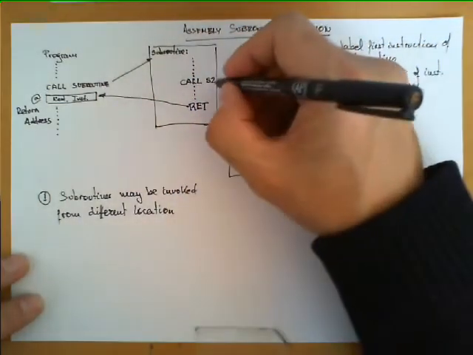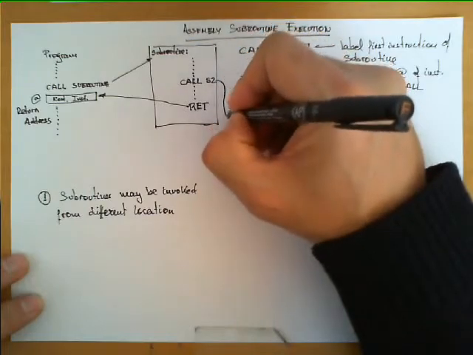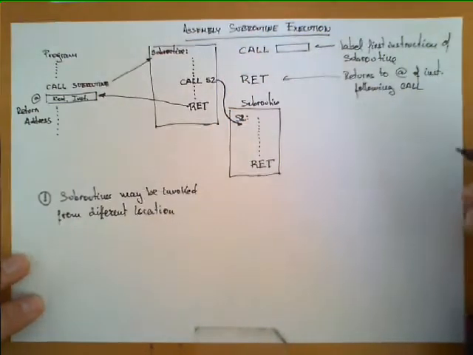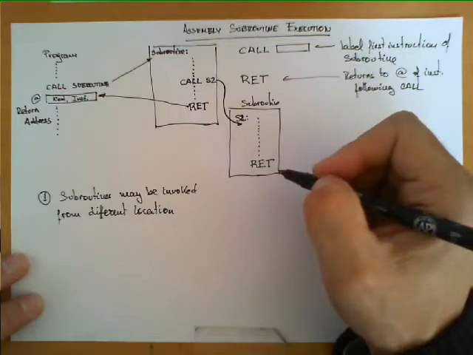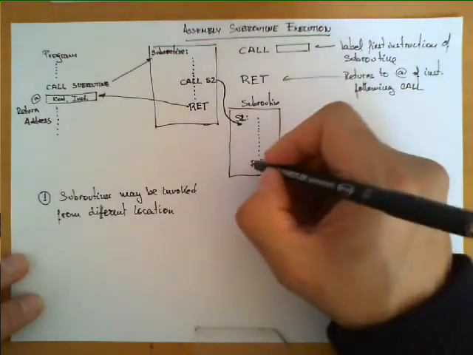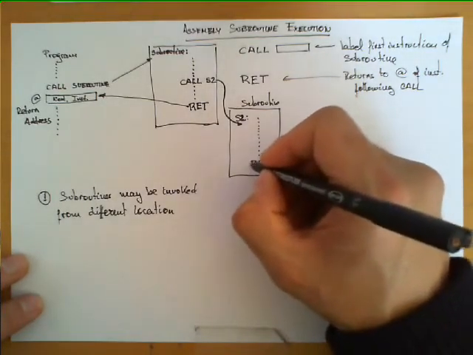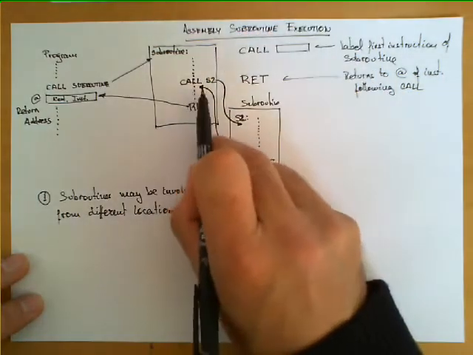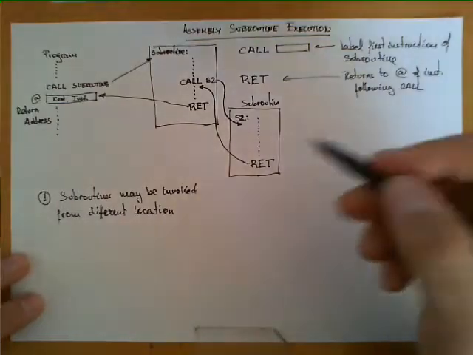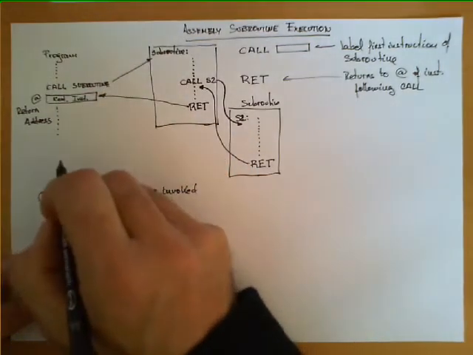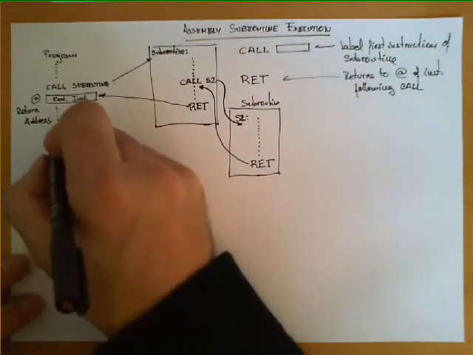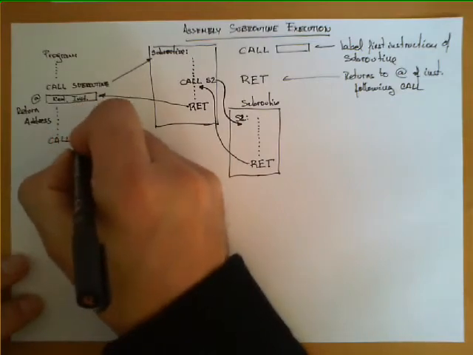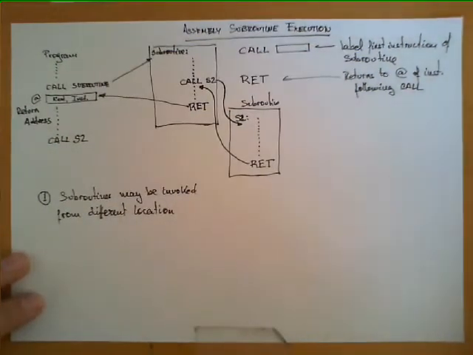If we call this subroutine, we know the effect of this instruction. This instruction will break the sequence and start executing the first instruction of this subroutine. But we also know the effect of this ret. It returns to the place where it was invoked, in this case the instruction following this call. Now what happens if this initial program that we draw here made a call to S2? The effect is very similar.